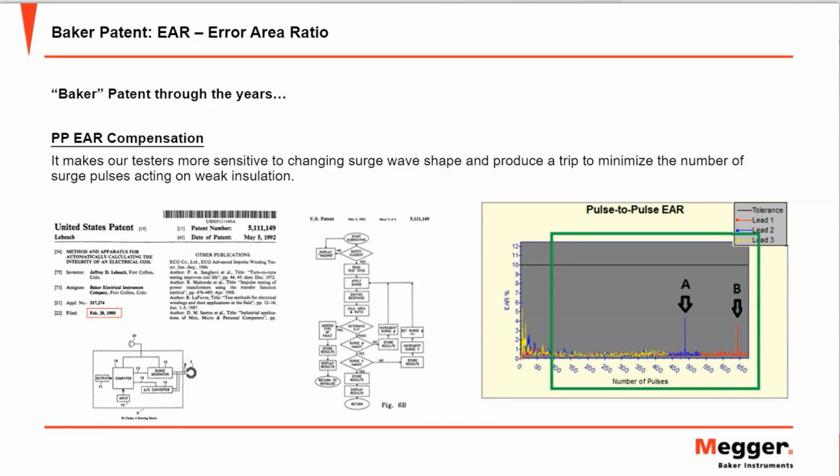We didn't change it through the years, but the software on the tester was improved, so that gave our tester a new sensitivity for any surge wave change, so we can stop the test anytime when we identify weak insulation. So we are trying to minimize the number of surge pulses.